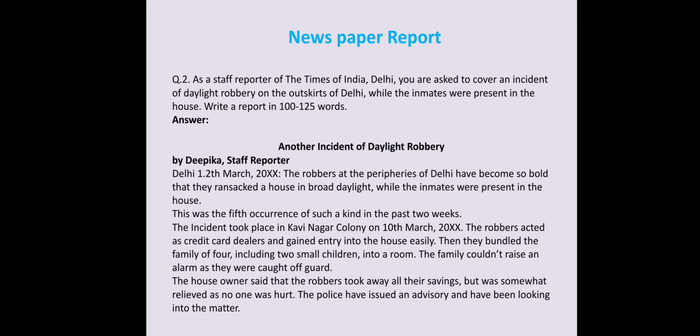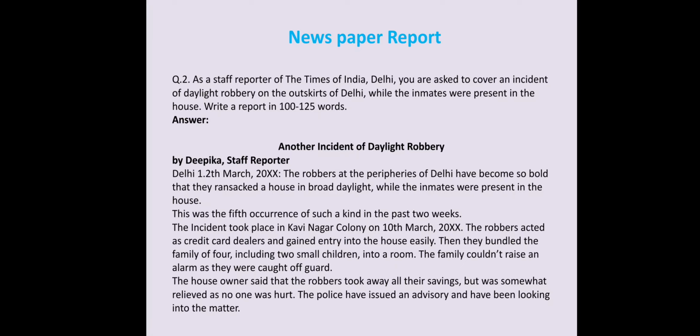The robbers in the peripheries of Delhi have become so bold that they ransacked a house in broad daylight while the inmates were present in the house. This was the fifth occurrence of such kind in the past 2 weeks. The incident took place in Kavinagar colony on 10th March 2019. The robbers acted as credit card dealers and gained entry into the house easily.